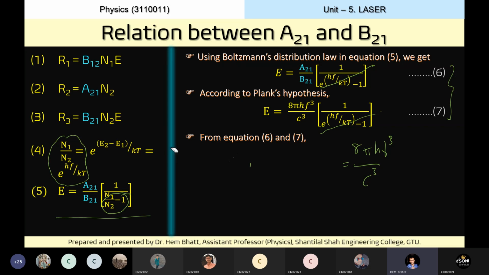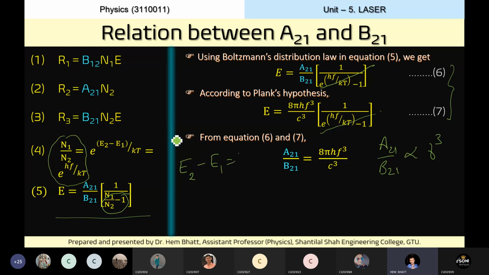હવે આનો અર્થ શું થાય? What does it mean? What this equation suggests? So this equation suggests that a21 and b21, આ જે આઇન્સ્ટાઈનના બે કોએફિશિયન્ટ છે, એ f ક્યુબના પ્રપોર્શનમાં છે. ઓકે, now energy difference of two levels can be written as hf. So more the energy difference, more the f, અને જો f ની વેલ્યુ વધે તો a21 વધે.